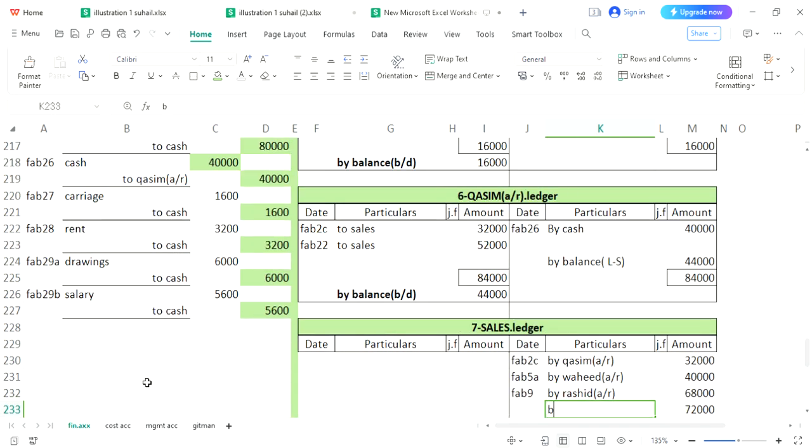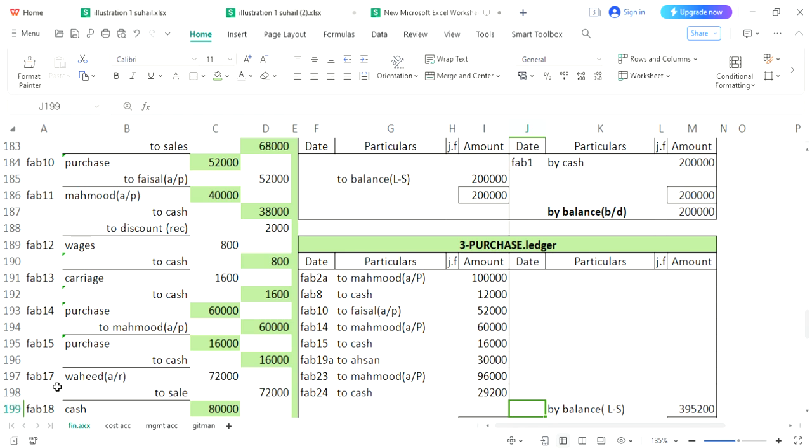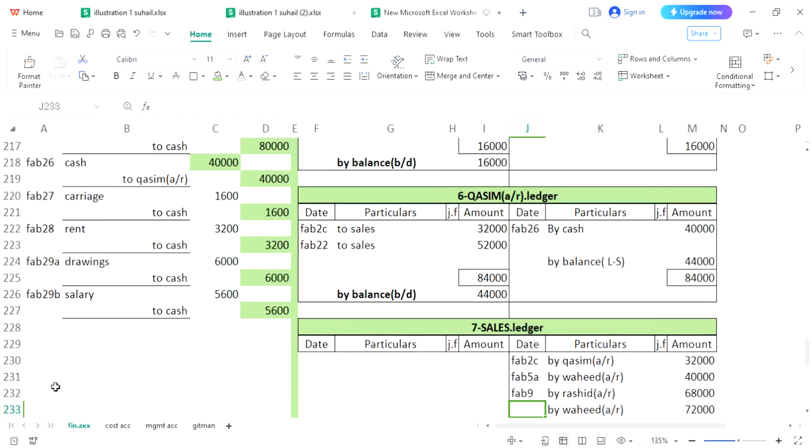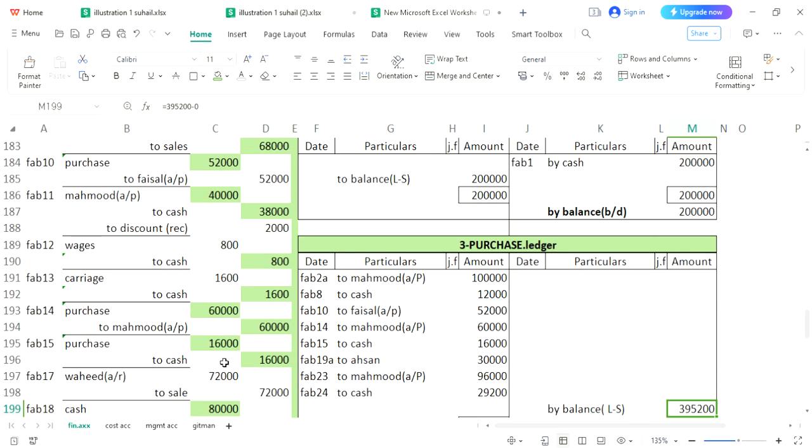So just write Waheed account receivable. For 72,000, what was the date? It was February 17. So put date February 17 over here. Date is mentioned, reference is given, 72,000 posted. So this was the entry, and we can mark it as completed entry.